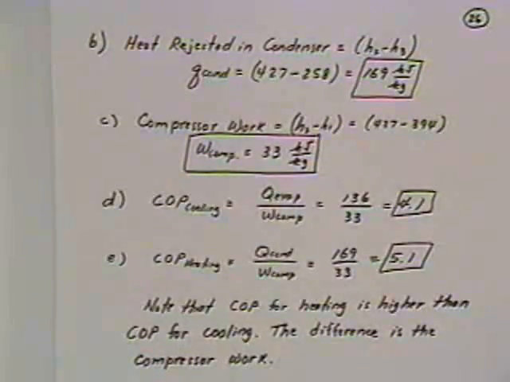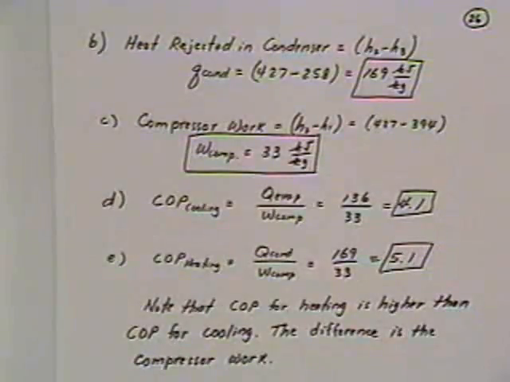Compressor work is H2 minus H1: 427 is H2, 394 is H1, so H2 minus H1 is 427 minus 394, or 33 kilojoules per kilogram.